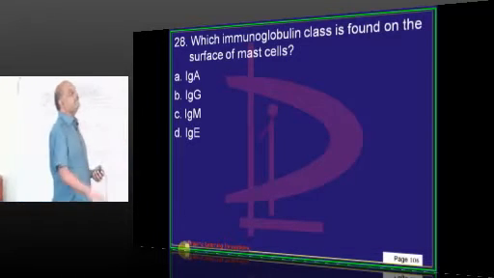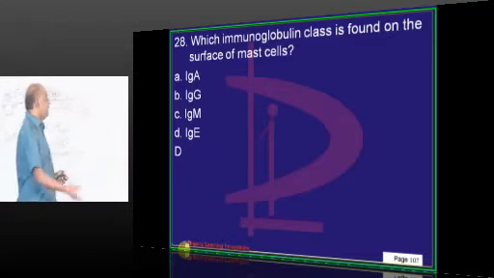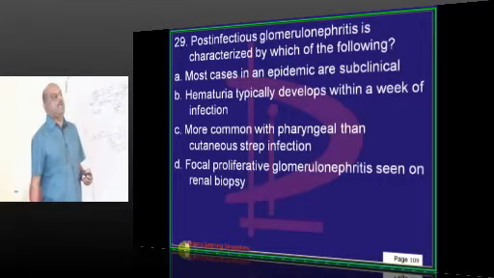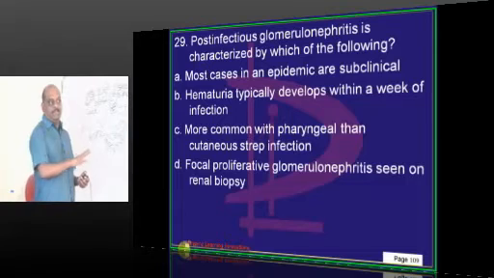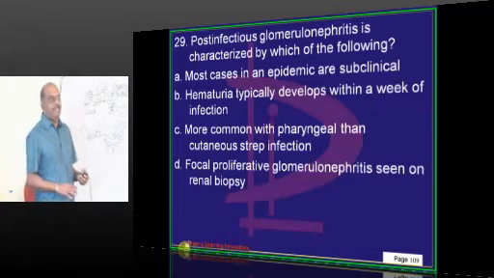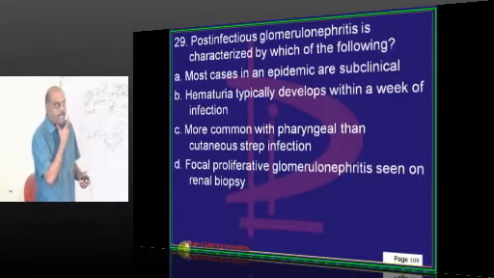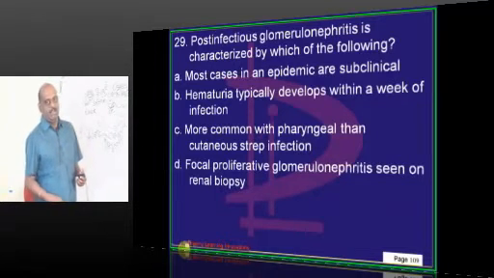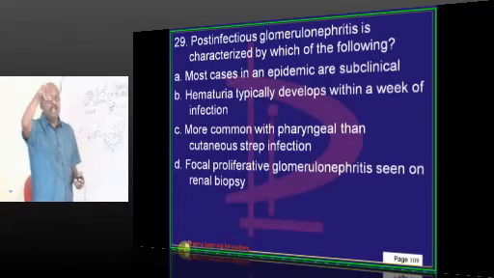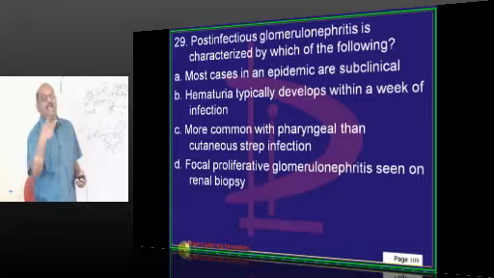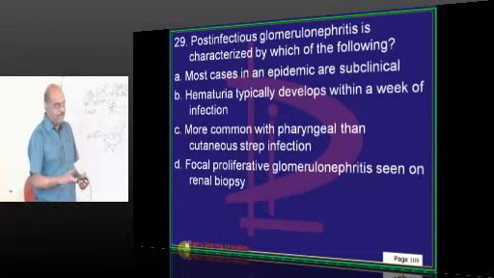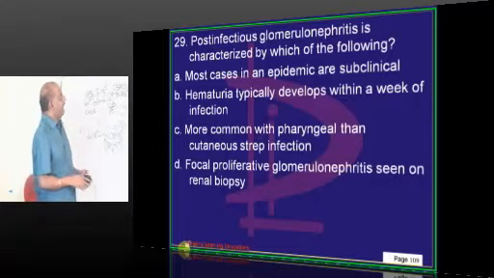Which immunoglobulin is found on the mast cell? It is immunoglobulin E. Next, post-infectious glomerulonephritis. What is the difference between this and IgA nephropathy? In IgA nephropathy, hematuria follows within 48 hours after the sore throat. Synpharyngitic hematuria it is called. Whereas if it is PSGN, post-streptococcal glomerulonephritis, hematuria occurs 2 to 3 weeks after the sore throat, which is the fundamental difference between the two.